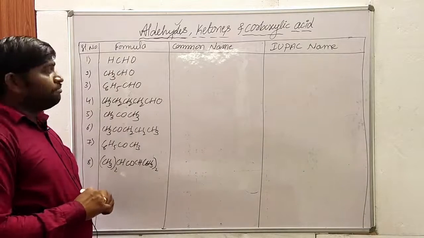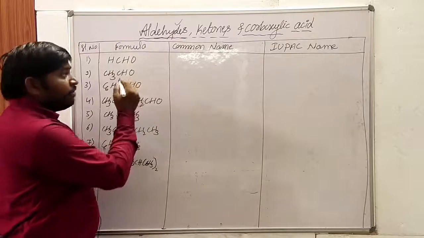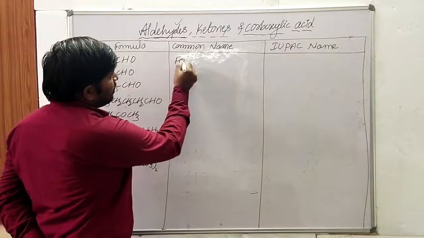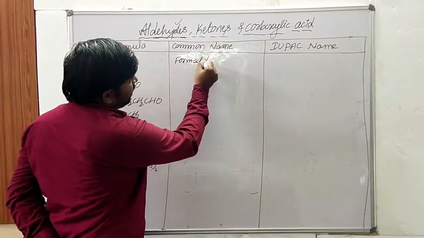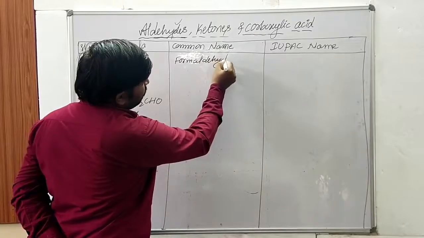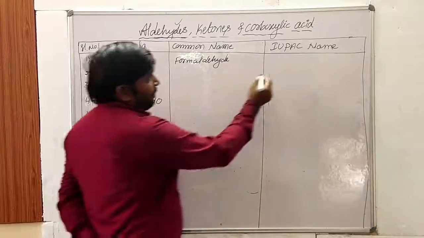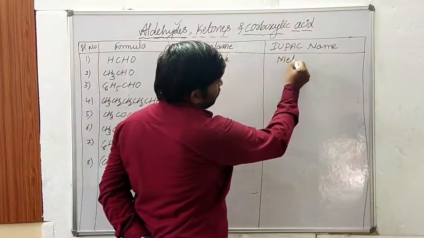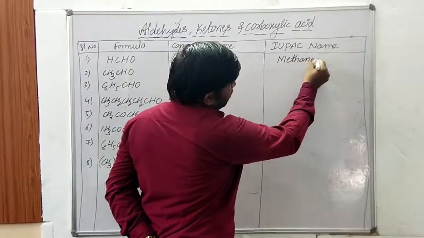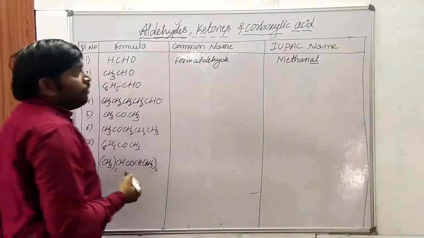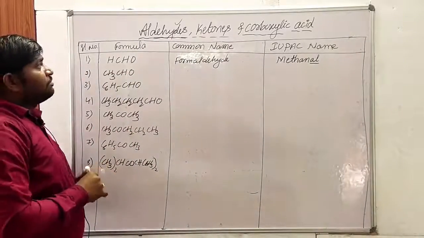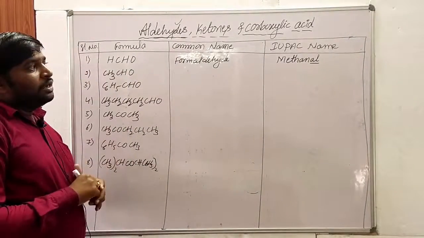What is the common name of this molecule? The common name is formaldehyde. What is the IUPAC name of this molecule? The IUPAC name is methanal. To write the IUPAC nomenclature of these molecules, we have to use some suffixes.